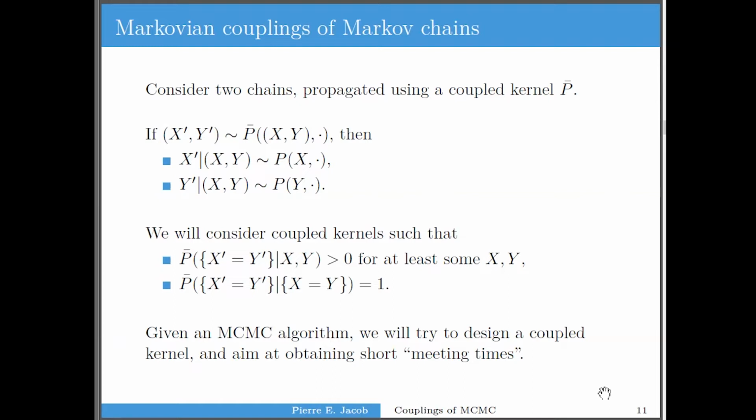And then once they've met, they remain together, and that's called a faithful coupling again, in the parlance introduced by Jeff Rosenthal. And that's one of the few links between romance and Markov chains. So the goal will be to design those coupled kernels that induce short meeting times. And then we'll see what we can do concretely to obtain this guidance on the convergence rate of the chain.